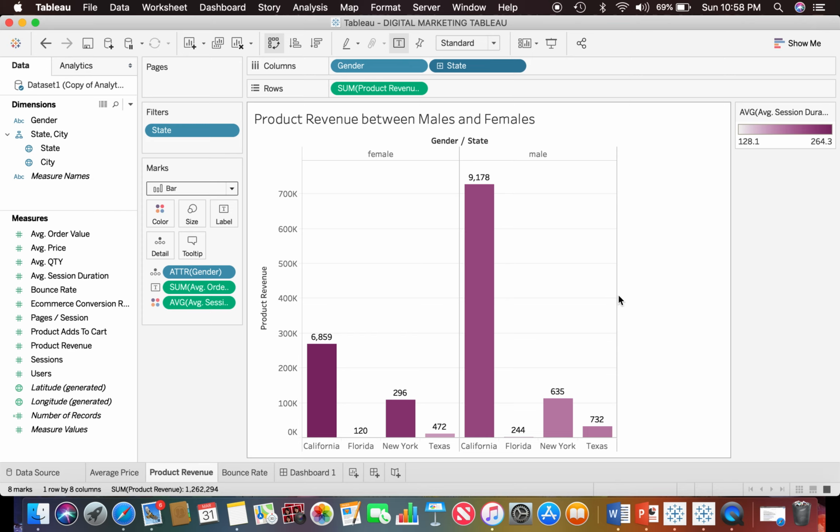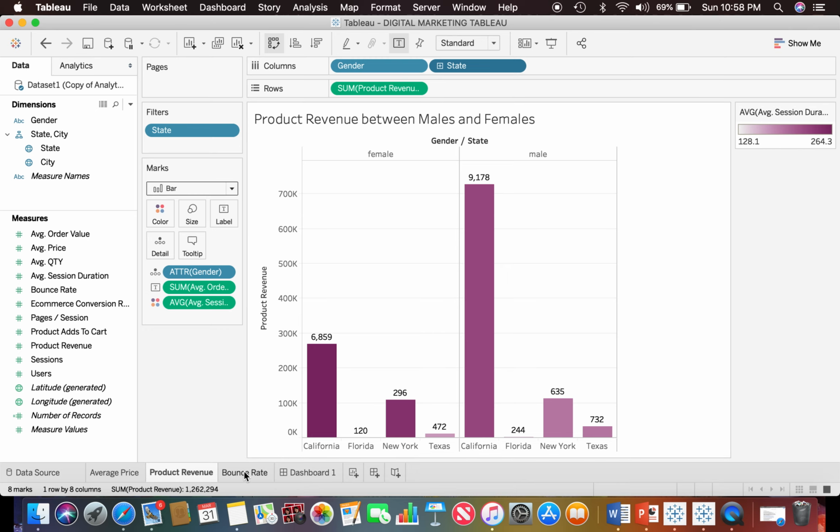As you can tell, males bring in a larger product revenue, but they have a lighter shade of purple compared to the females. Females seem to spend a longer time on the website, but they are not bringing in as much revenue.